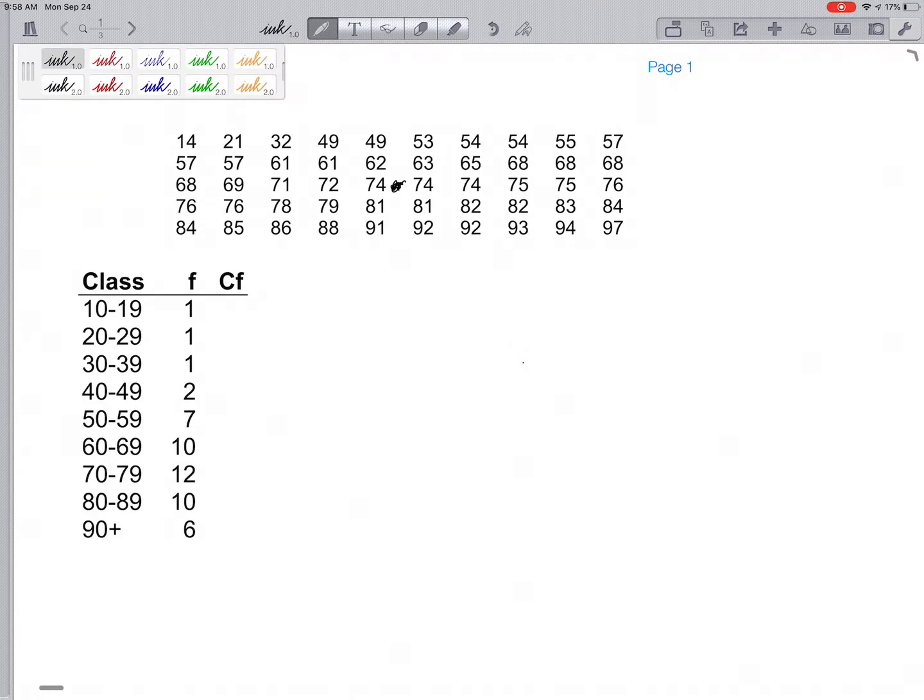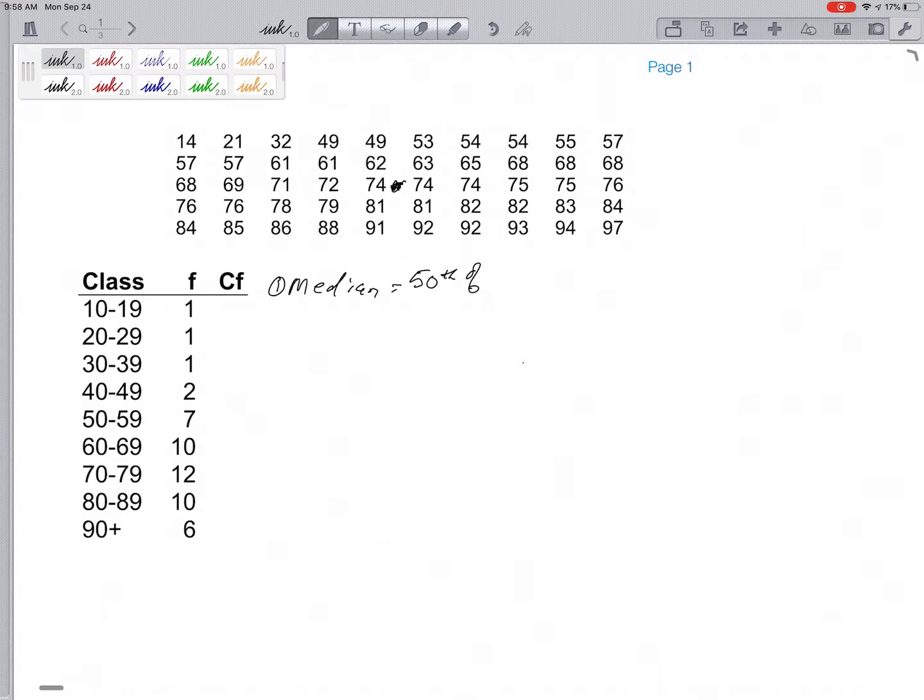Calculating the median is done in 3 steps. The first step is to note that the median is the middle value of the data set, or another name for that is the 50th percentile. That means that 50% of the values are higher than that number and 50% are lower than that number.